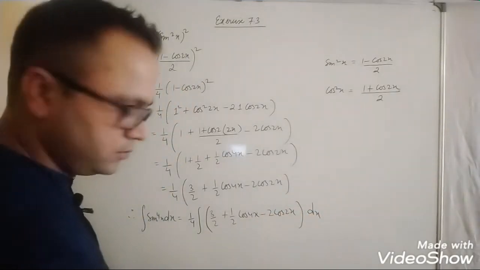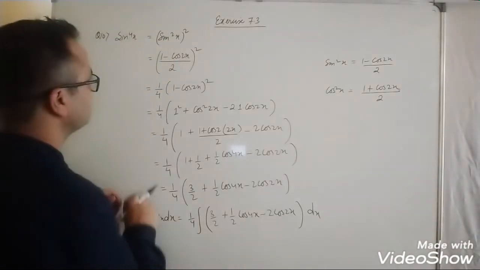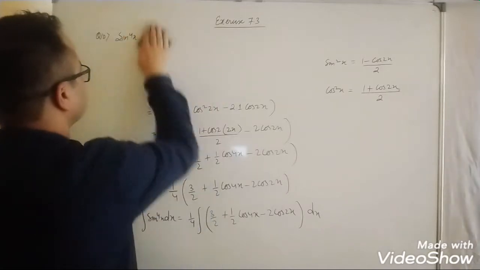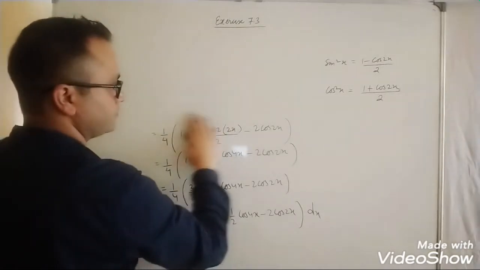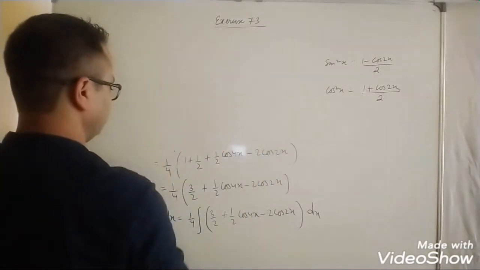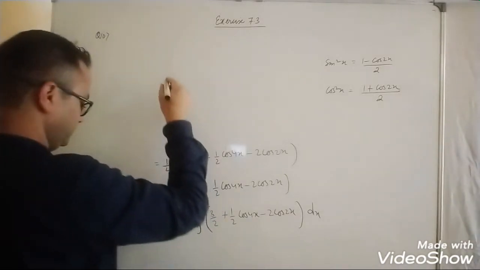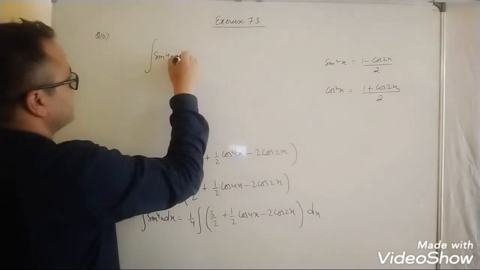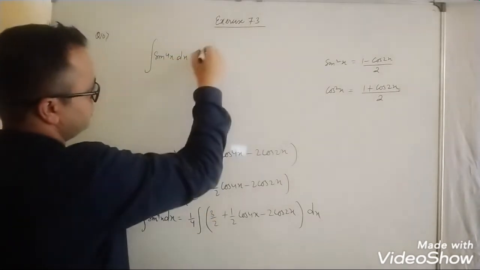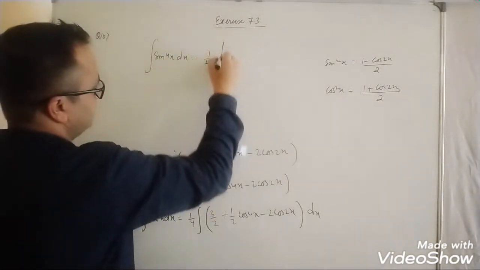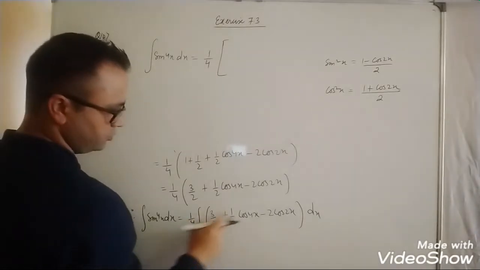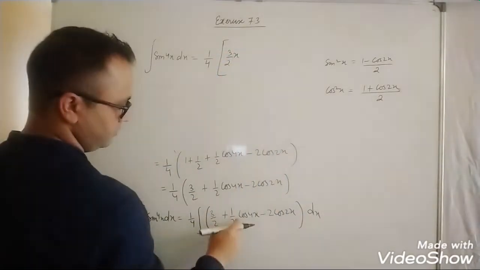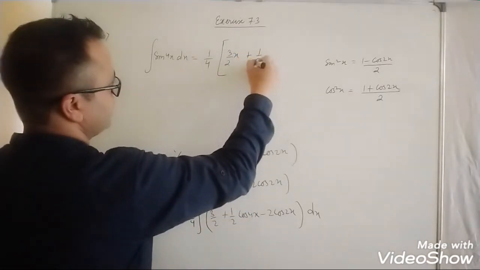Now integrate individually: 3 by 2 dx is 3 by 2 x. Then 1 by 2 cos 4x, what is the integration of cos x?